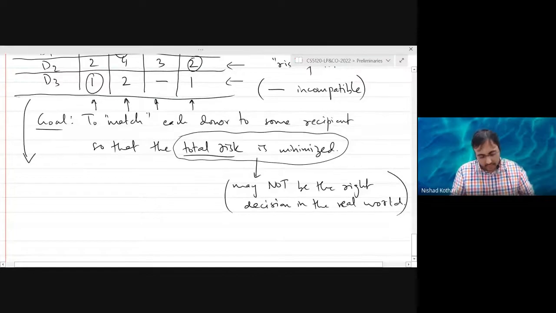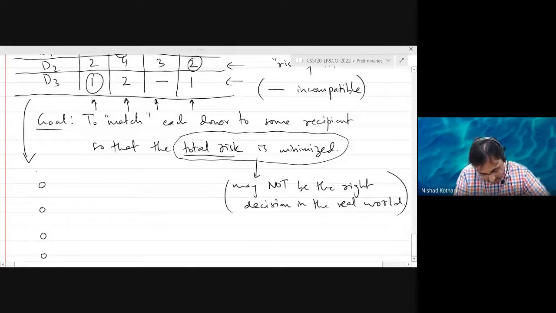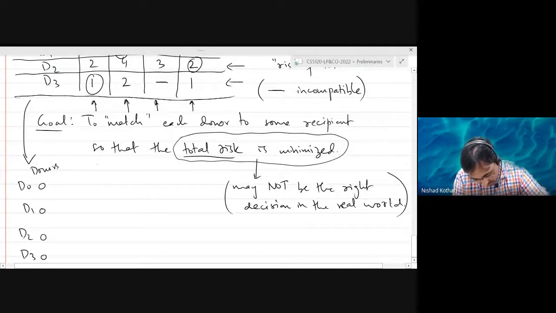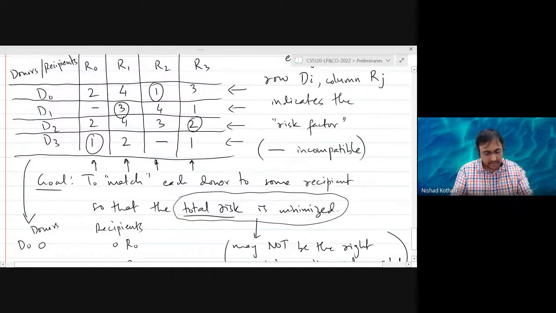Great. So what we are going to do is construct a graph. We are going to put the donors on one side, D0, D1, D2, D3. And we are going to put the recipients on the other side. And what are the edges going to be?